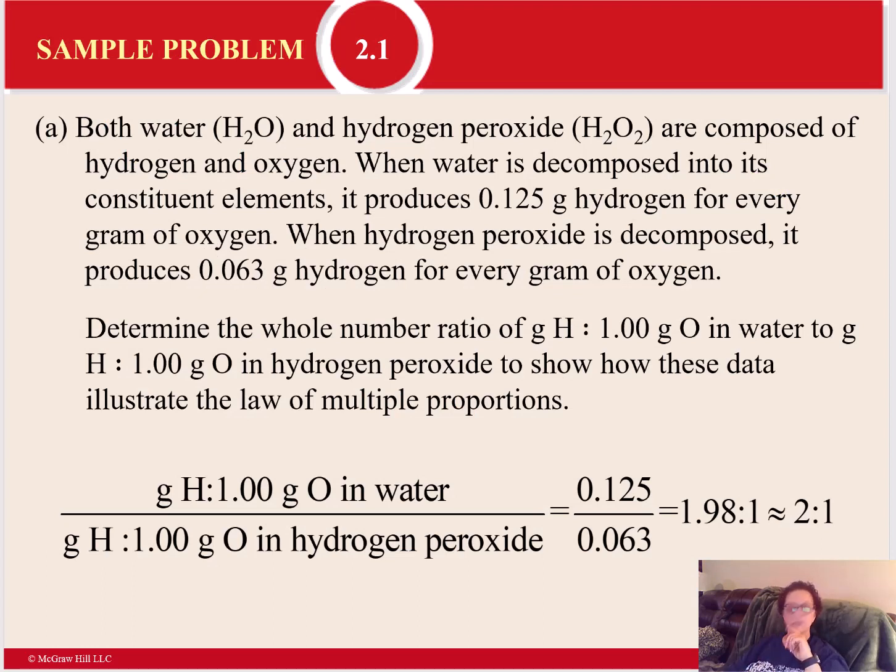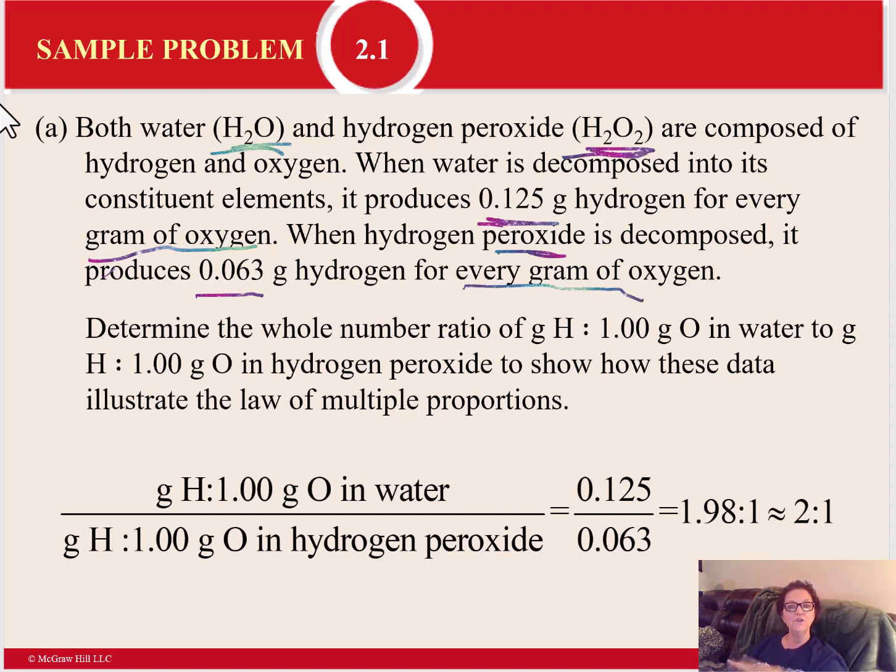So in the case of water, and water is H2O as opposed to peroxide, which is H2O2, they're both comprised of the same atoms, hydrogen and oxygen. When water is decomposed into its constituent elements, that is hydrogen and oxygen, you end up with 0.125 grams of hydrogen for every 1 gram of oxygen. However, when hydrogen peroxide is decomposed, it produces 0.063 grams of hydrogen for every gram of oxygen.